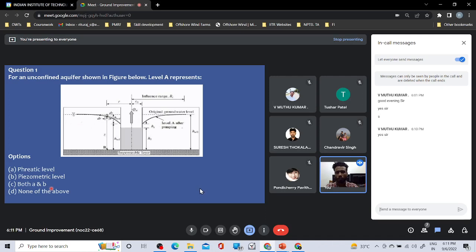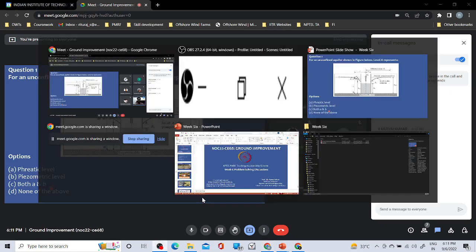If you have your notes, you can go through them, check there, and give the answer. Anyhow, we are going to discuss that. Whether it's phreatic level or piezometric level, both definitely cannot be the option. Yeah, Muttu, it's option A.